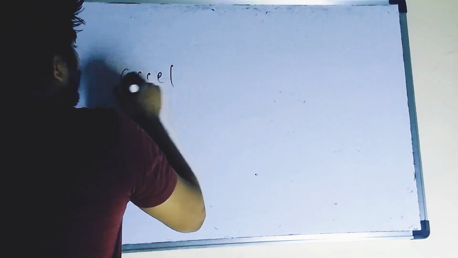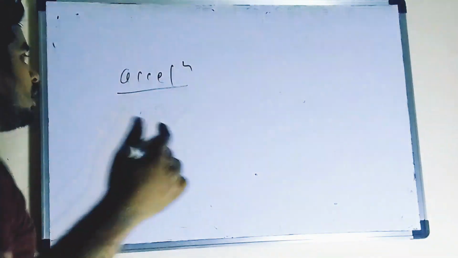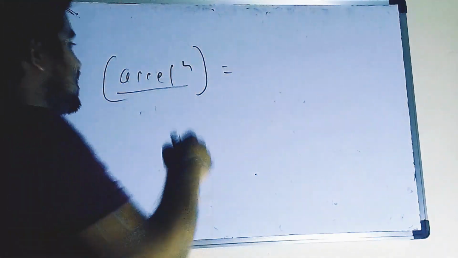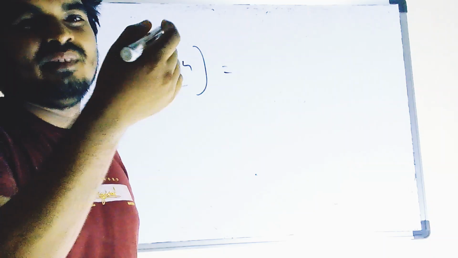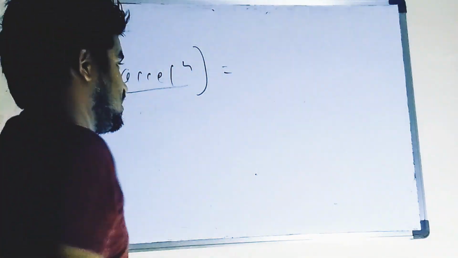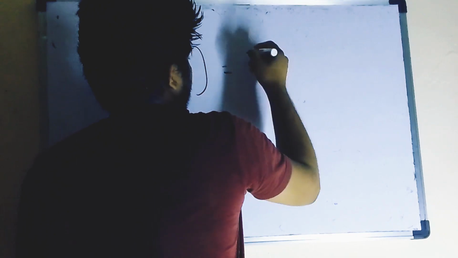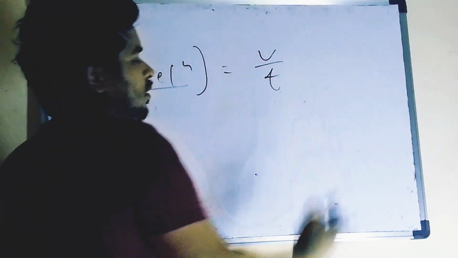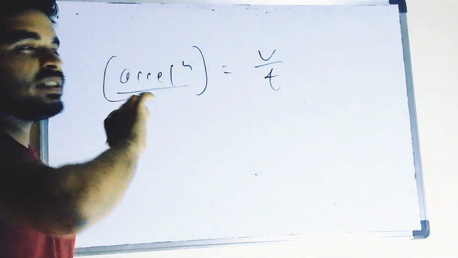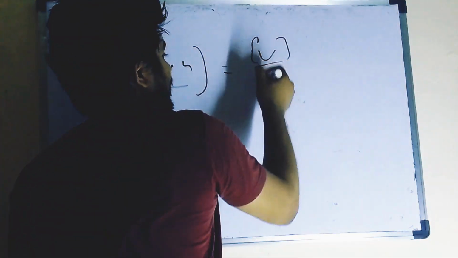If I have to define acceleration, we need to find out the dimension of acceleration. Rate of change of velocity with respect to time is acceleration. So can we say v by t simply? So we need the dimension of v divided by the dimension of t.